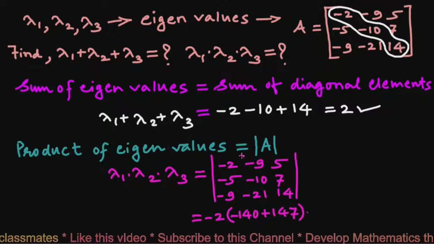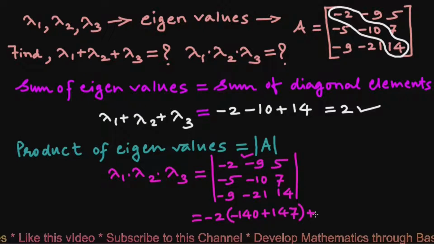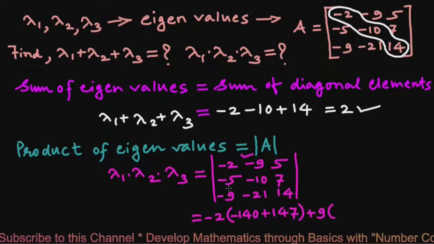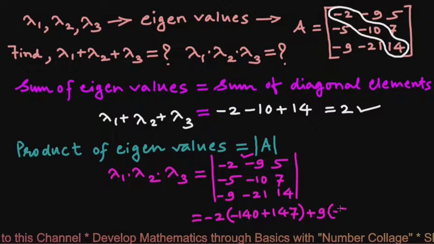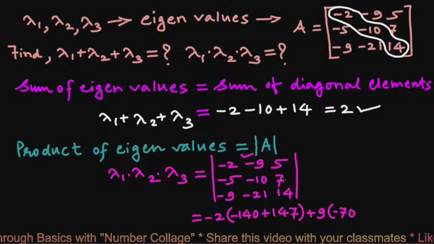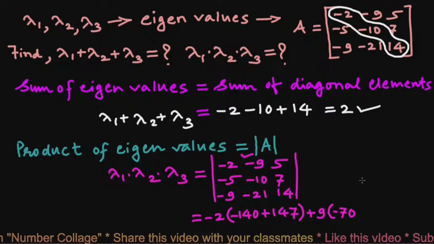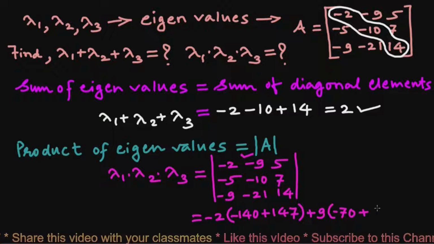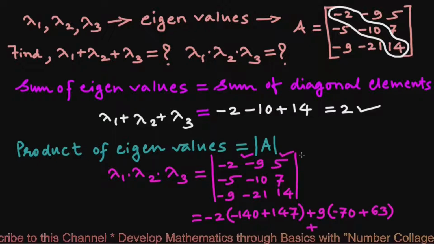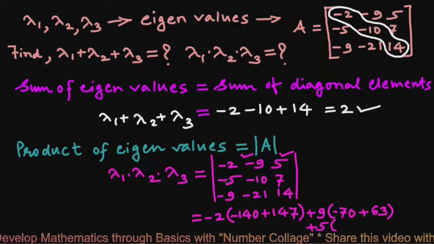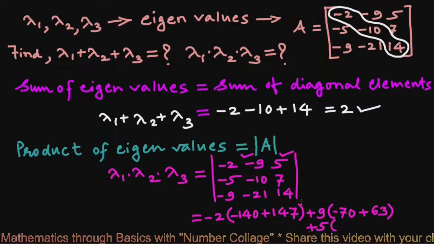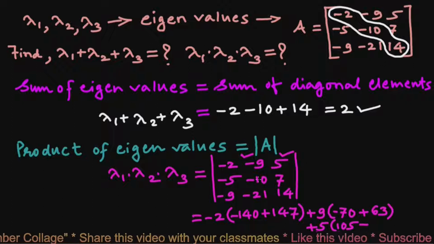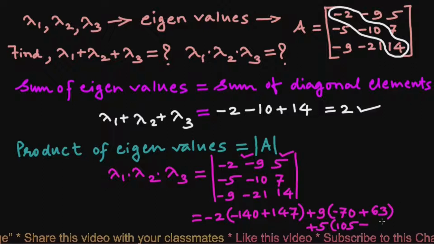Next, minus of this -9, that will be plus 9 into (-5 into 14 minus 7 into -9, that is -63), so minus of -63 will be plus 63, plus this 5 multiplied by (-5 into -21, that is 105, minus -10 into -9, that is plus 90).